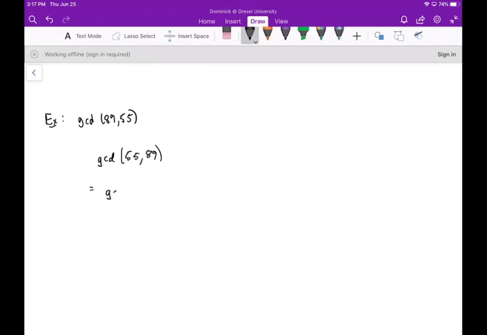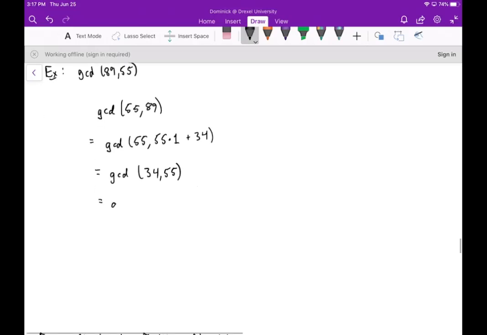We want to write 89 as a multiple of 55. So this is going to be 55 times 1. And to get to 89, I guess we need to add a 34. So now this is the same as the GCD of 34 and 55. And then this is the GCD of 34, and then 34 times 1, and it looks like I need plus 21.